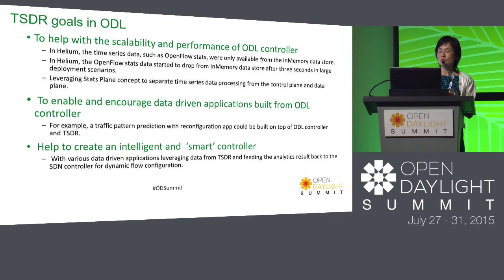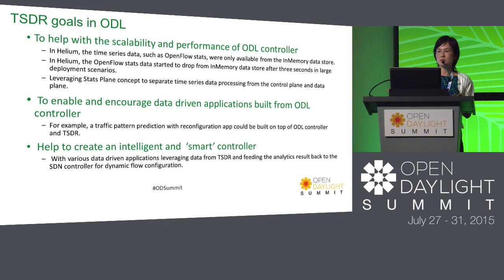The information we got was that in Helium, time series data such as OpenFlow stats were only available from the in-memory data store. There's no persistent data storage for that, right? And that data started to drop from the in-memory data store after 3 seconds in large deployment scenarios. Don't ask me what large deployment scenarios means.